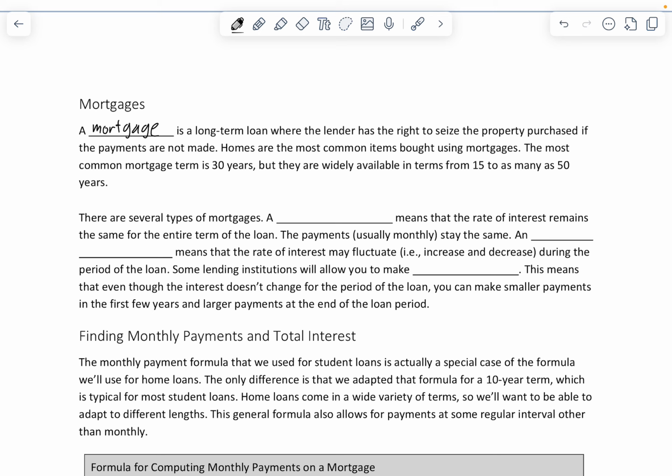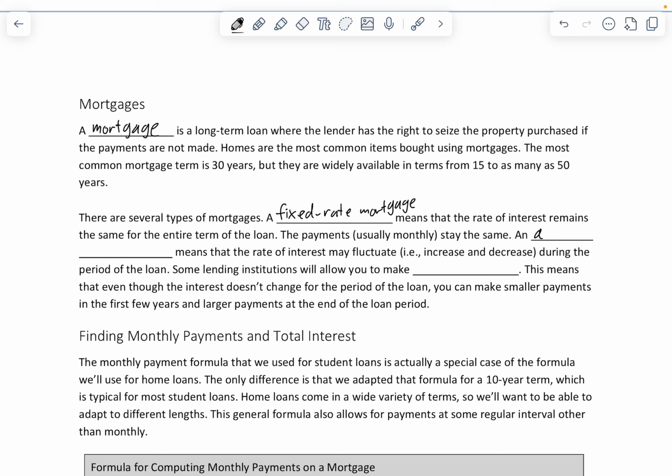One is a fixed-rate mortgage. This just means that the rate of interest remains the same for the entire term of the loan. The payments, which are usually monthly, stay the same.